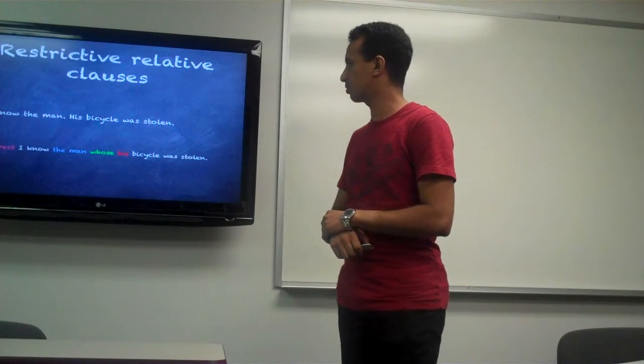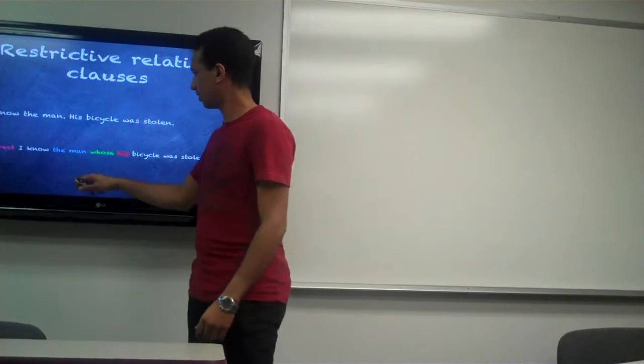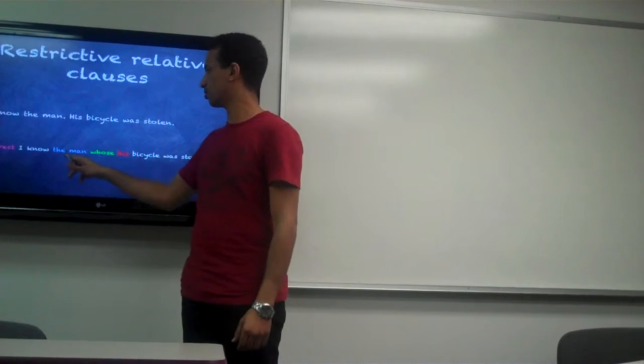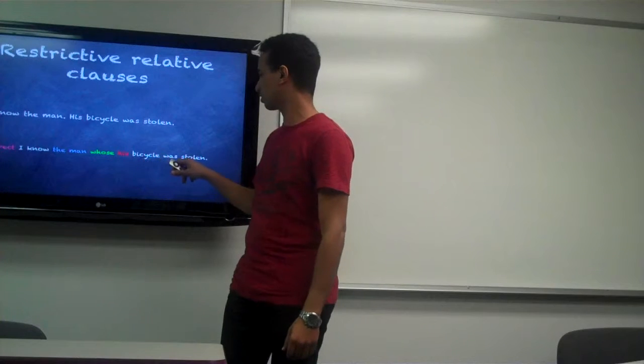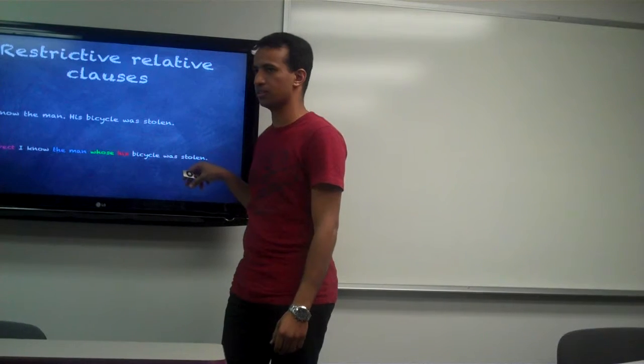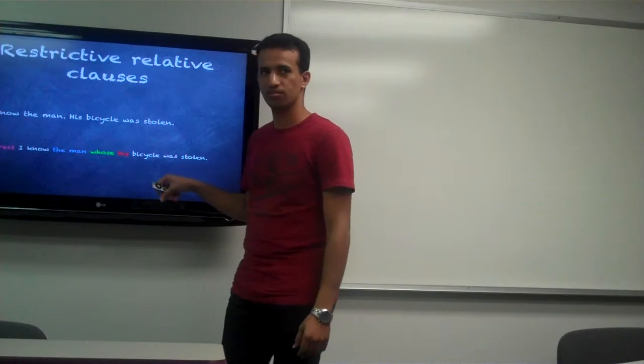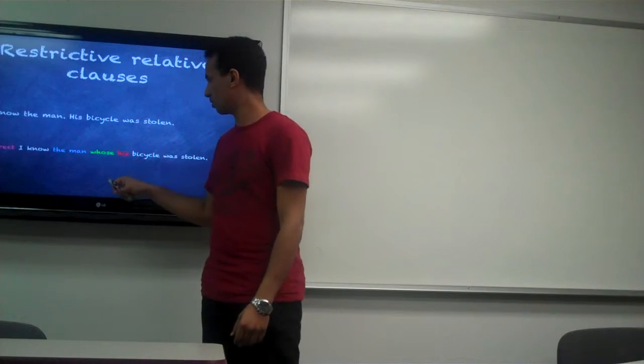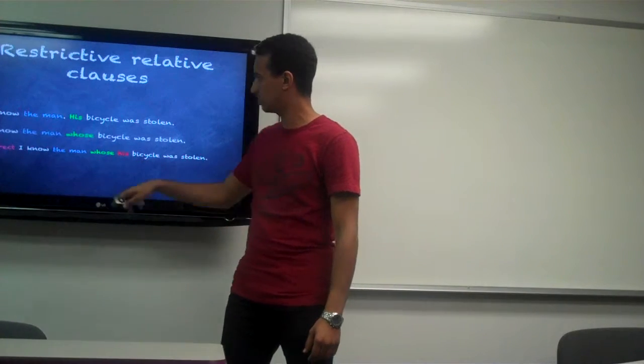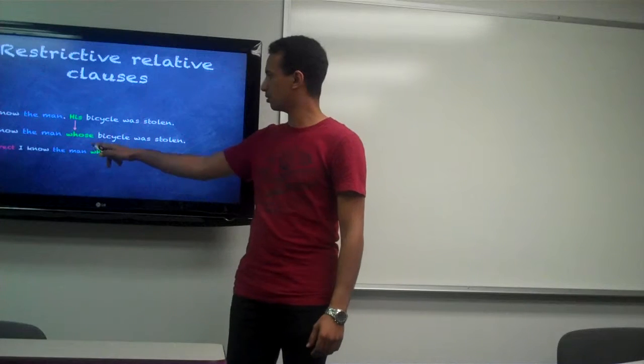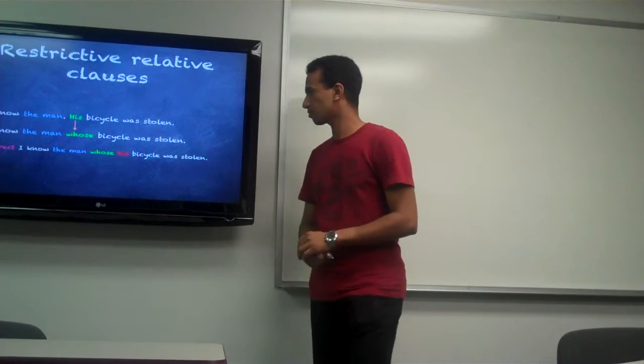Here is another example for whose. The incorrect way: I know the man his bicycle was stolen. What's wrong here? We don't need his. Whose bicycle? So we can say, I know the man whose bicycle was stolen.